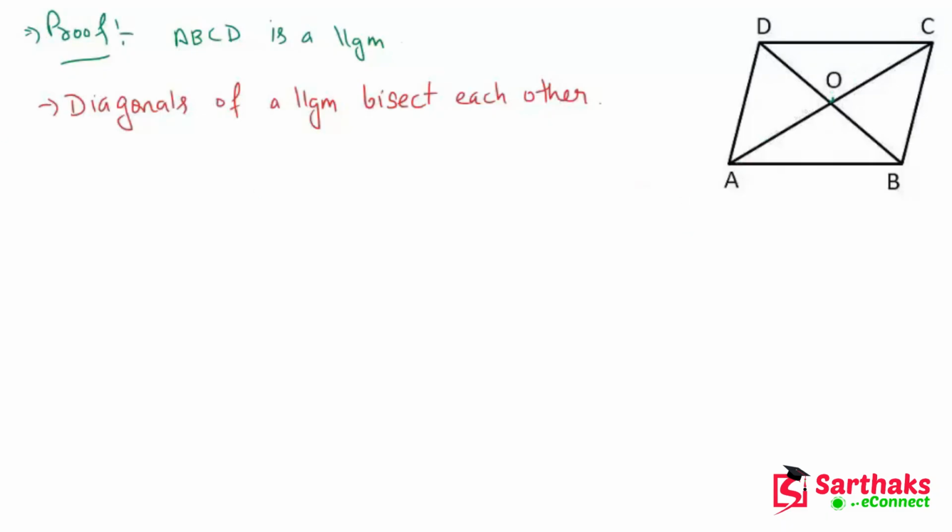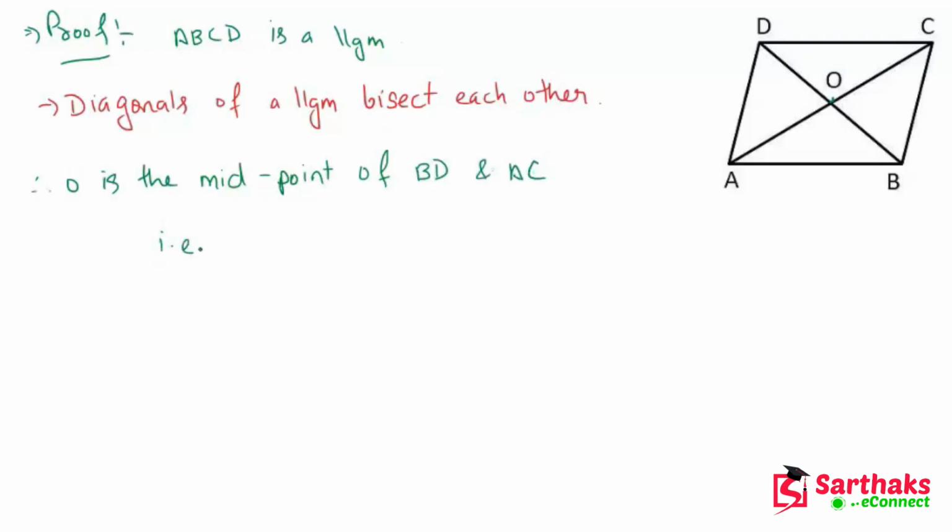So we can say that O is the midpoint of BD and AC.